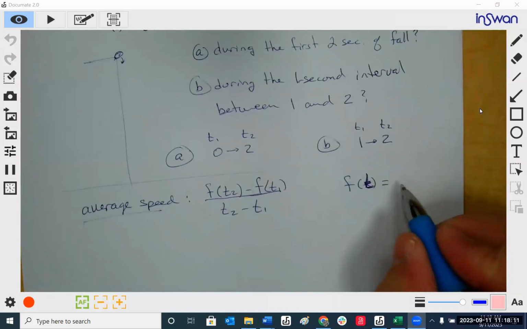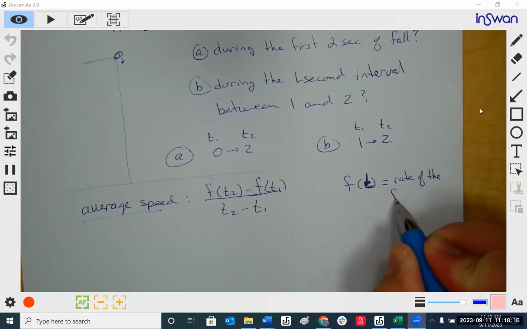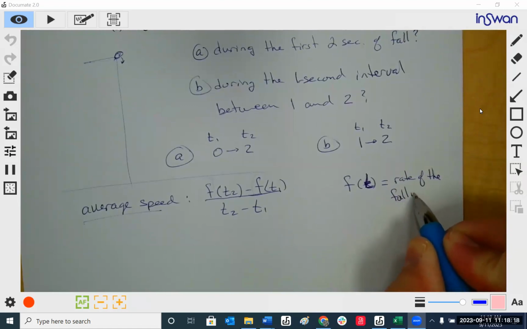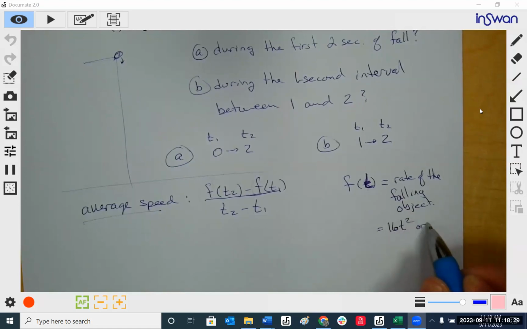This is the rate of the falling object. That's correct. Very good. Because it's a function of time, it's either going to be 16t squared or 9.8t squared. Well, we don't want to deal with decimals just yet. Let's use this one.